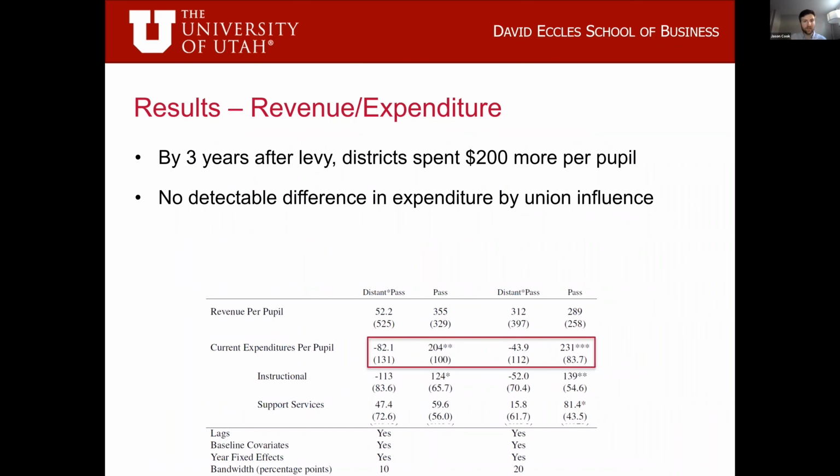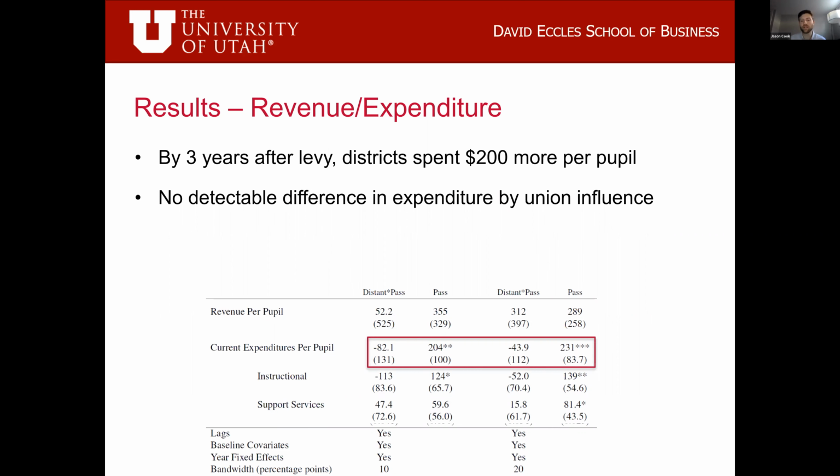Putting those figures in terms of a table, if you look at how revenues are changing 3 years after the levy, instead of just the first year, districts are spending about $200 more per pupil on current expenditures, and there's no real difference in terms of union influence.